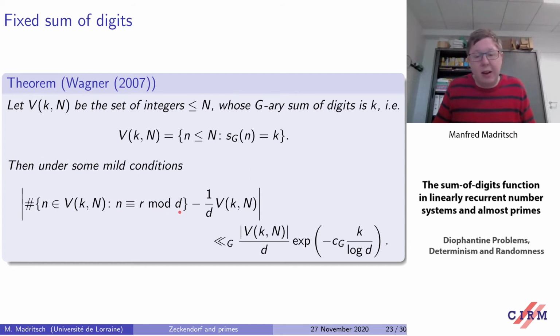So you evaluate n along arithmetic progressions, you look if the sum of digits function of this n is fixed, and you subtract the mean, and then you get this local density theorem. This uses methods such as the saddle point method and methods from the analysis of algorithms.